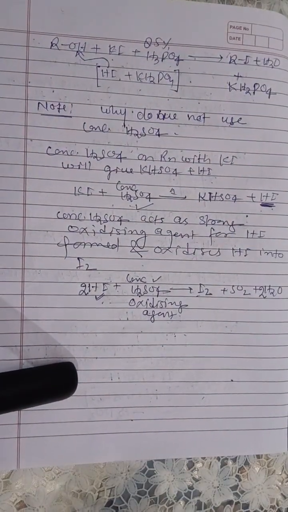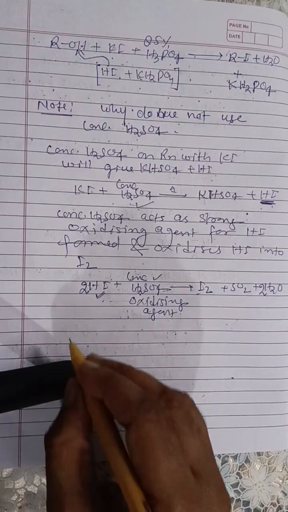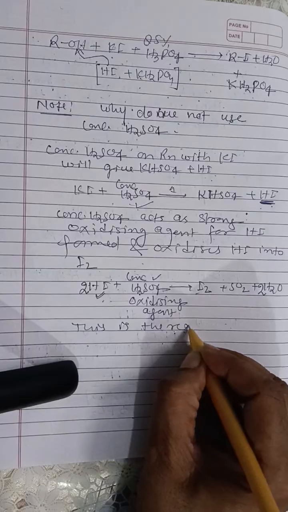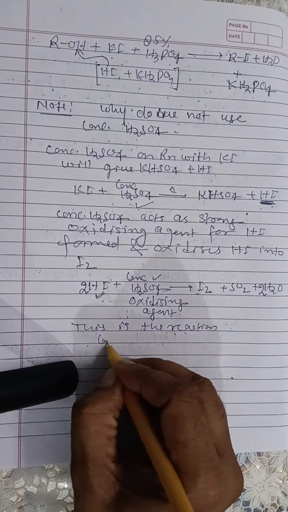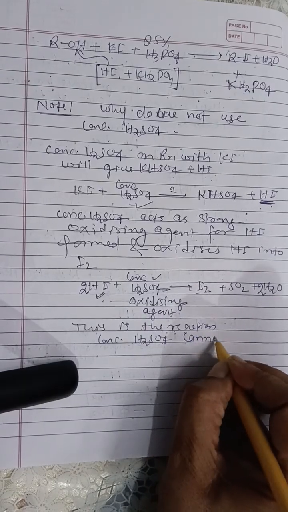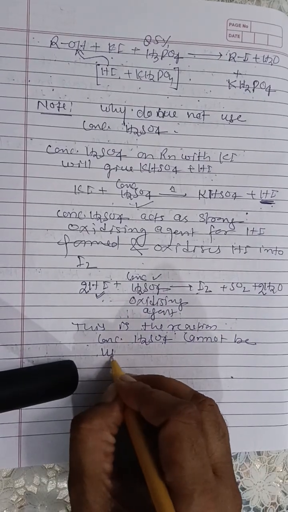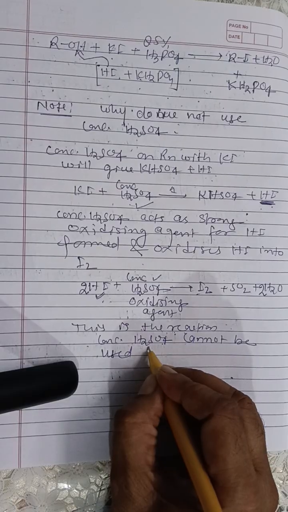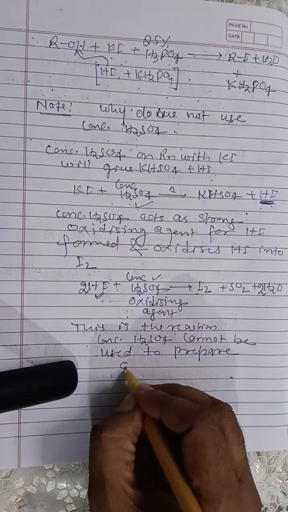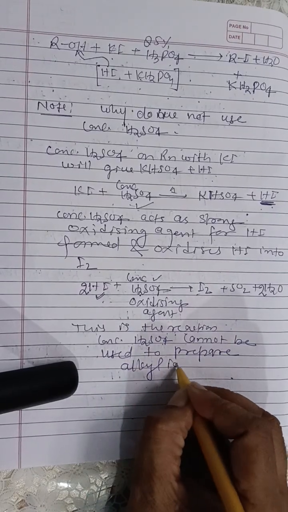That is why we can't use concentrated H2SO4. This is the reason concentrated H2SO4 cannot be used to prepare alkyl iodide.